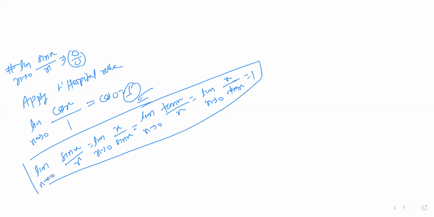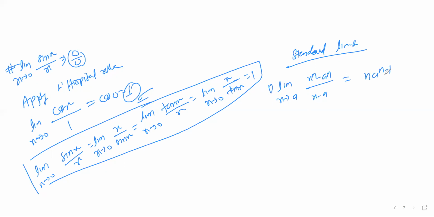We have some standard limits also, and you can apply these standard limits in the question. Like limit x tends to a, x raised to n minus a raised to n divided by x minus a. The value of this one is n a raised to n minus 1.